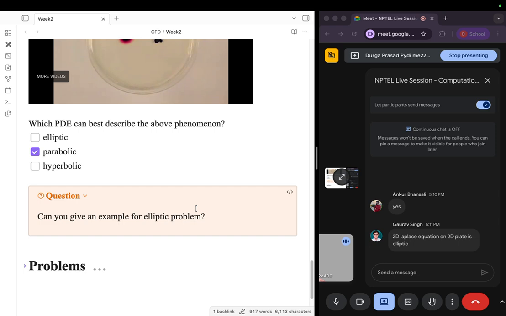The 2D Laplace equation on a 2D plate is elliptic. So once we have the Laplace equation, it is an elliptic equation.